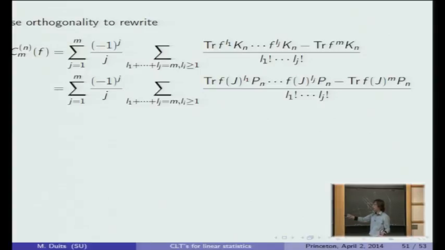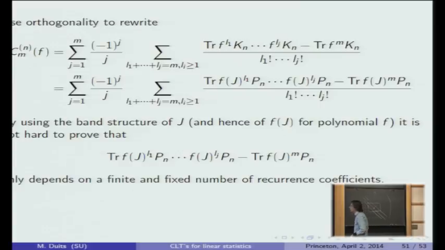Right, f is a polynomial, so I have this f(J) to the L1, and K_n is just projecting on the first coefficients, p_n. You just use the orthogonality to write this in this way. Well, this doesn't help you much to prove that it's small, but it helps you in some sense.